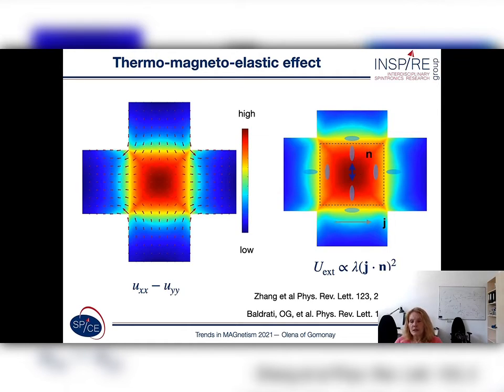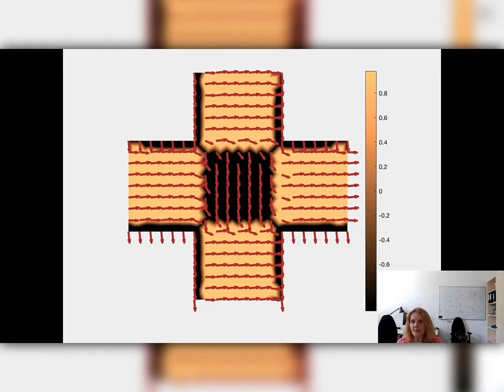In other words, in homogeneous volume strains and create additional anisotropy field, which is equivalent to the external field and induces switching of the states.